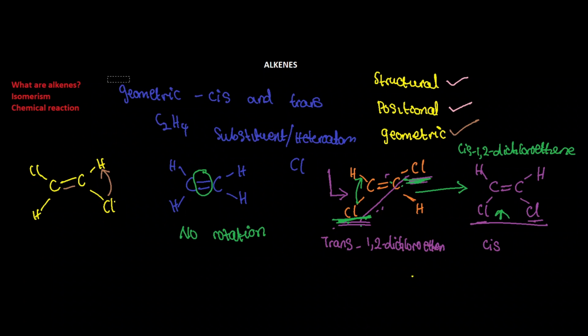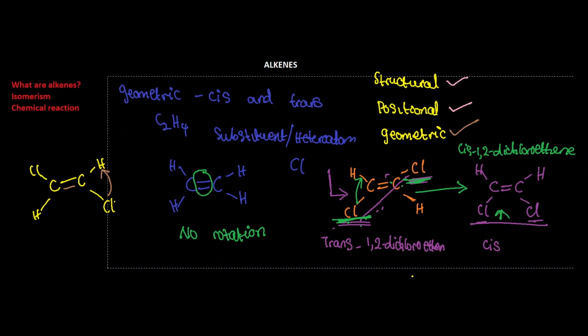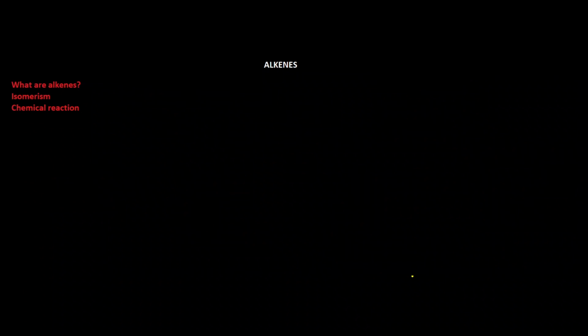Now let's move on to the chemical reactions that alkenes undergo. Alkenes undergo various forms of chemical reactions, but for this video we'll be looking at addition reaction, polymerization reaction, and combustion reaction.